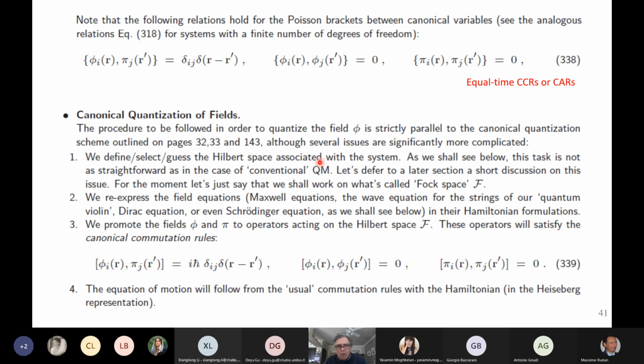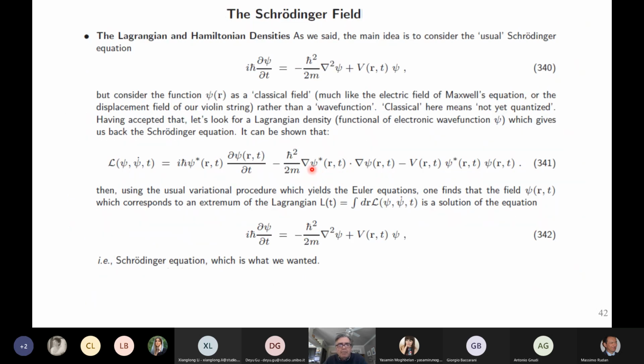But then everything follows exactly the same procedure that we followed for conventional quantum mechanics. Conventional means a finite number of degrees of freedom for the system that I'm considering. It's just more algebraically complicated, but actually it's less complicated than it seems. I think it's actually simpler to deal with second quantization than conventional quantum mechanics in many cases.